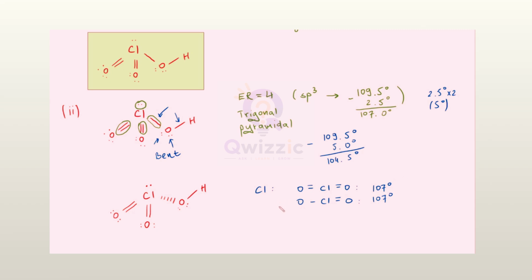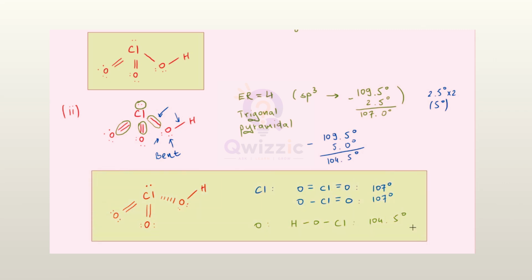Now, for the oxygen atom, which corresponds to the bent geometry, we said that the hydrogen-oxygen-chlorine bond, or HOCl, corresponds to 104.5 degrees. Well done, so we have predicted our bond angles, and we have drawn the three-dimensional representation of the structure.